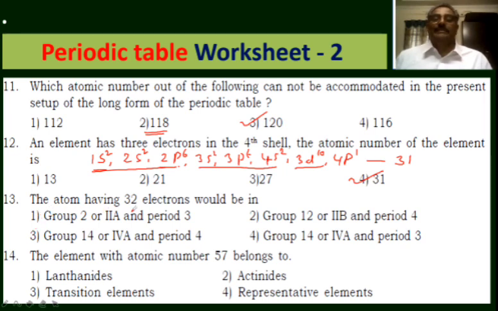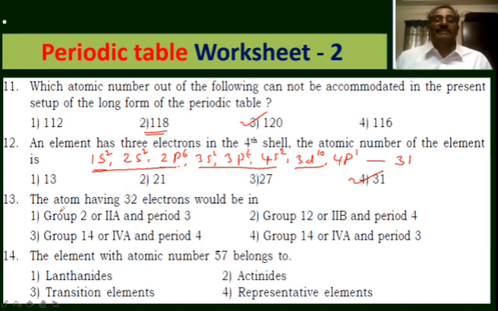The atom having 32 electrons would be in dash position. We need to identify the position of that element. We just wrote the electronic configuration of the element with atomic number 31.